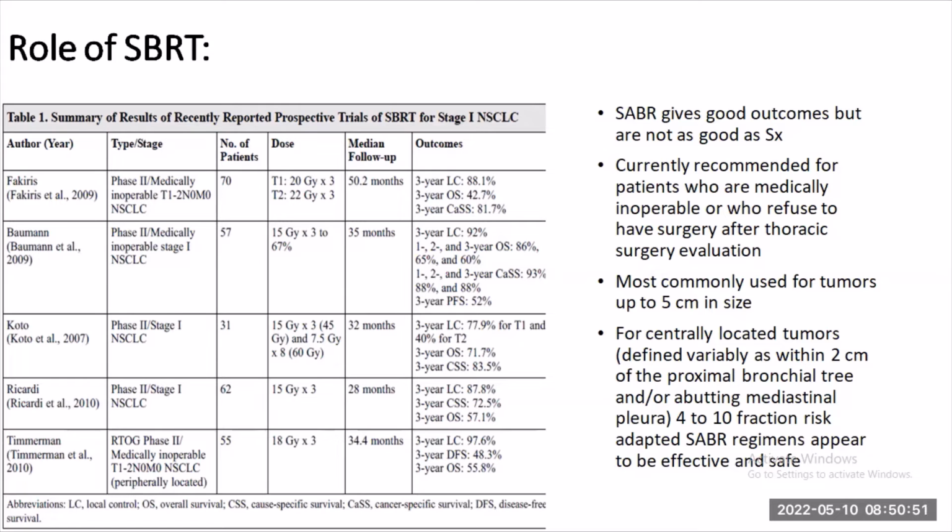A centrally located tumor means a tumor within 2 centimeters of the proximal bronchial tree, or abutting the mediastinal pleura. It has been shown that if we use increased fractionation, from around 4 to 10 fractions, SBRT can be safely delivered without undue complications.